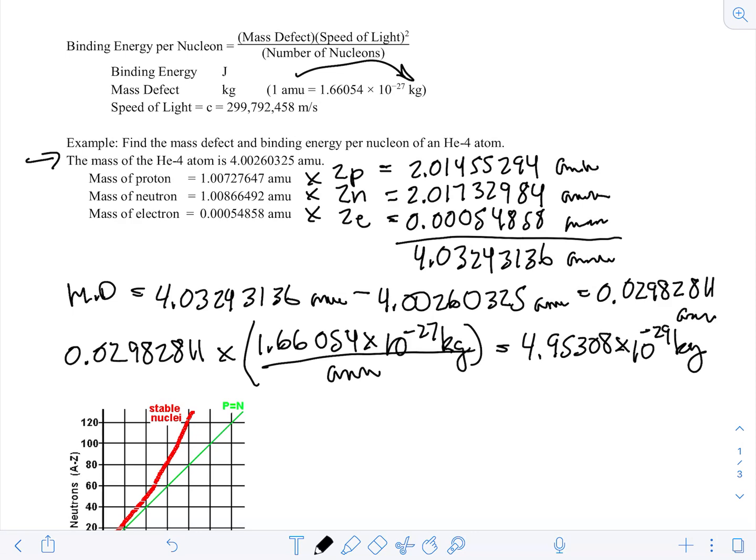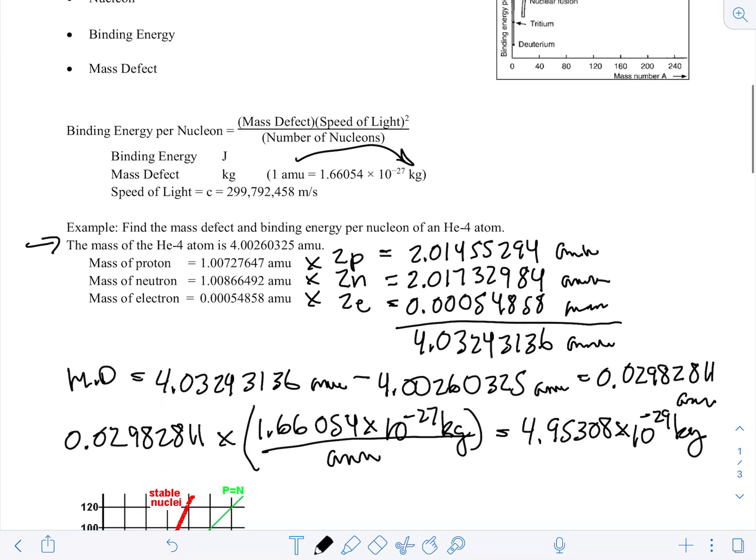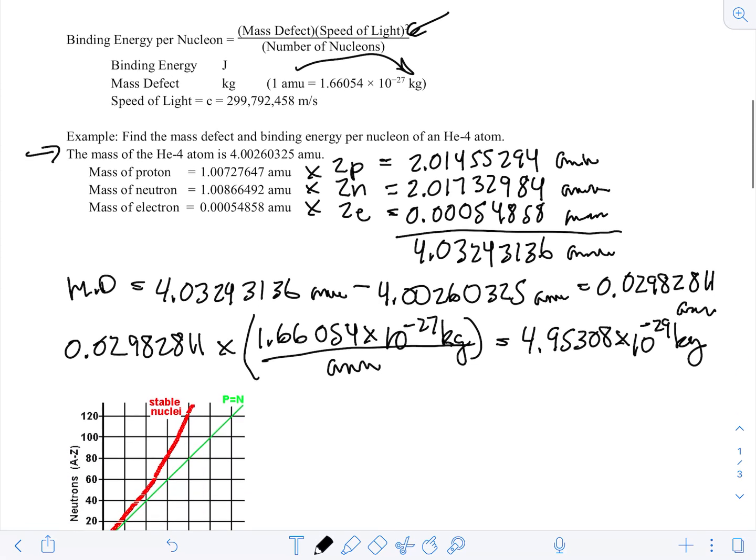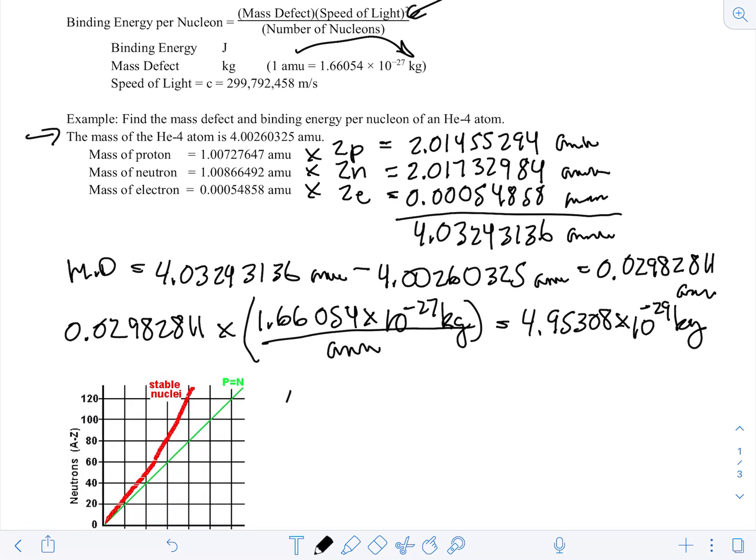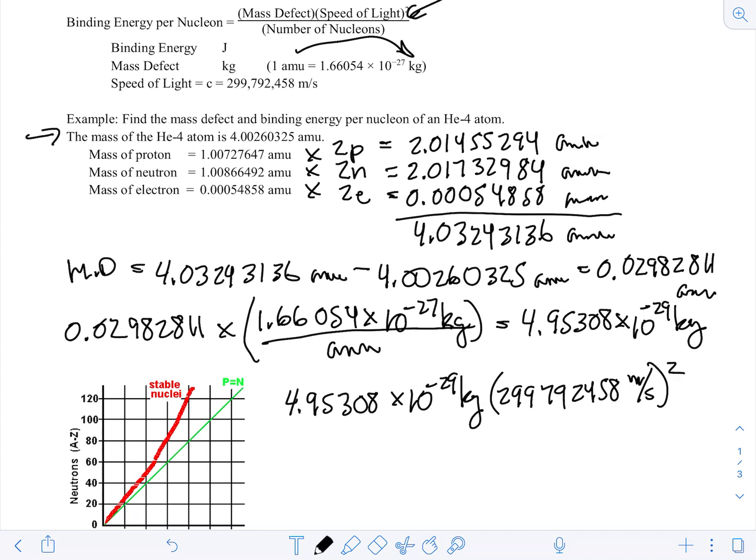Now we want to find the binding energy per nucleon. So we're going to go back to the equation over here. We're going to take the kilograms that we got, 4.95308 times 10 to the negative 29th, and multiply it by the speed of light, 299792458 meters per second, and make sure that's squared.